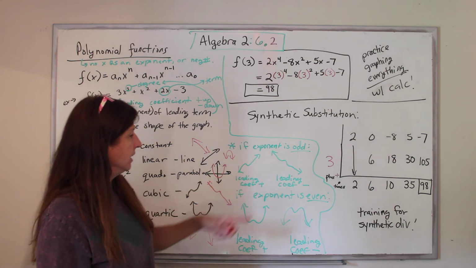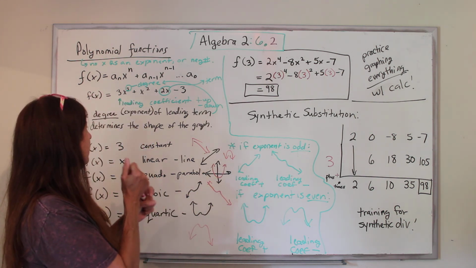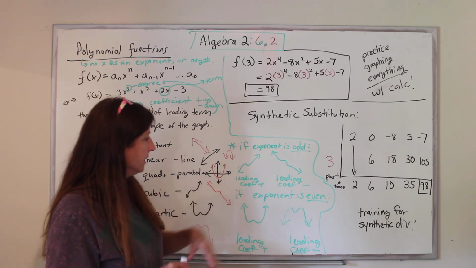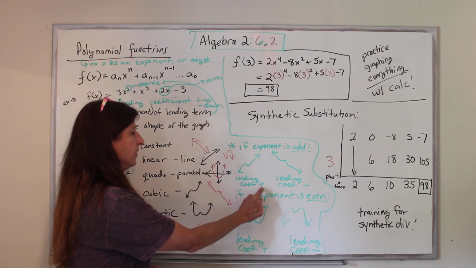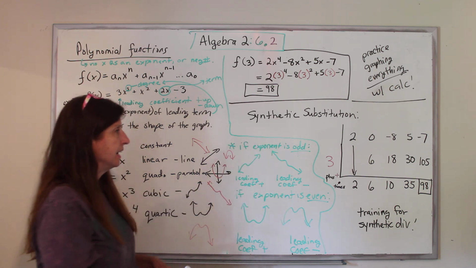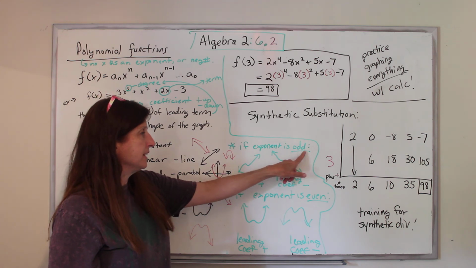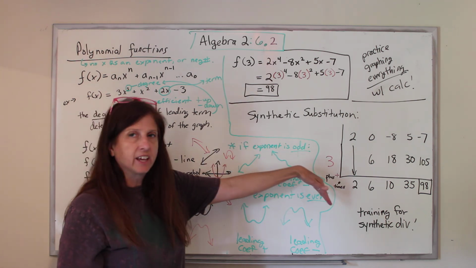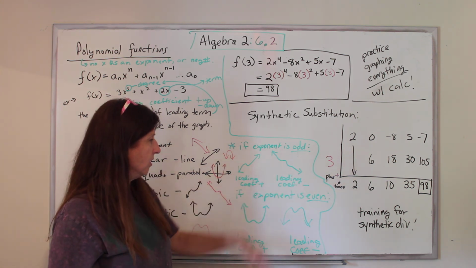If the exponent is odd and the leading coefficient is positive, then it goes up like this. If the exponent is odd and the leading coefficient is negative, it goes down overall.